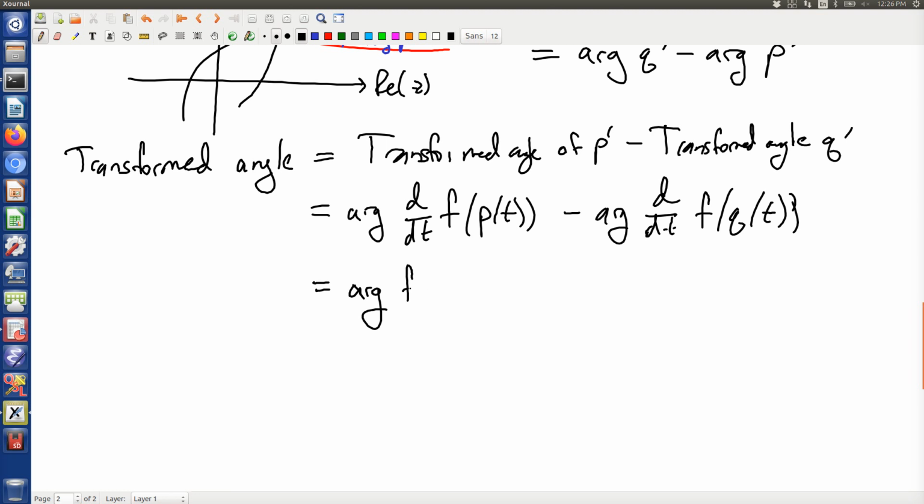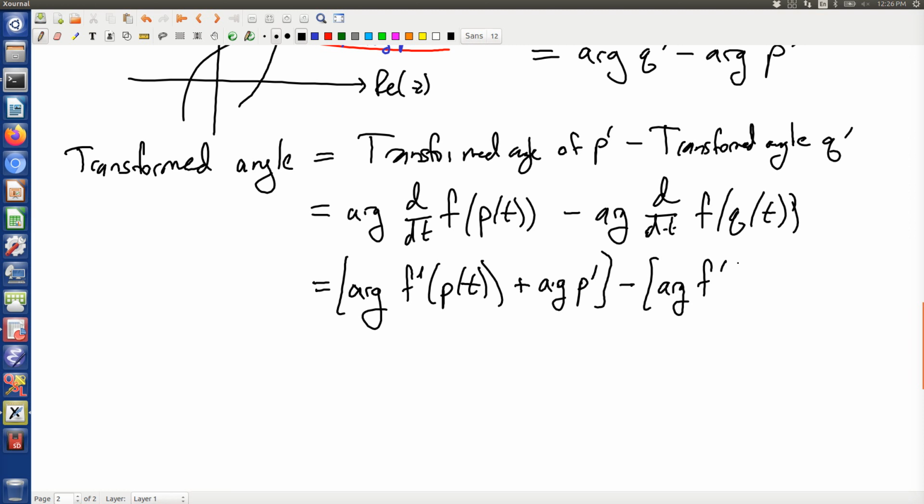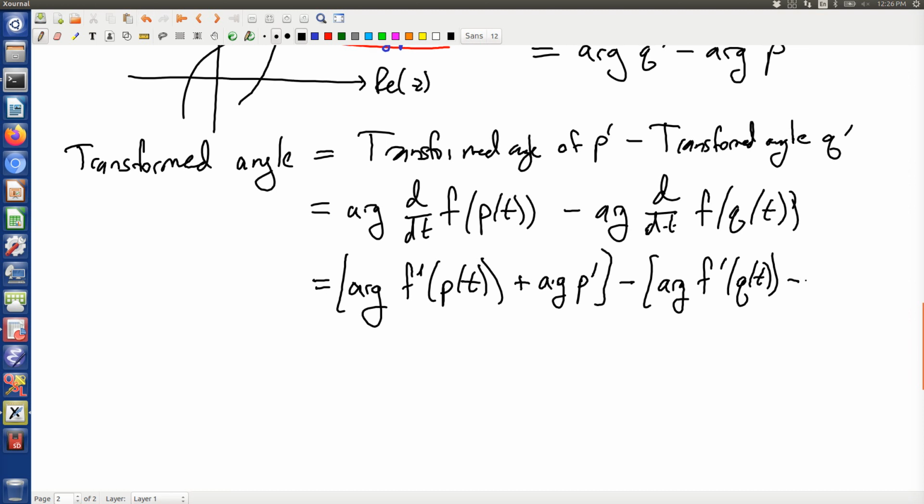That's the argument of f prime at p of t plus the argument of p prime, minus the argument of f prime at q of t, plus the argument of q prime, both of these at t.